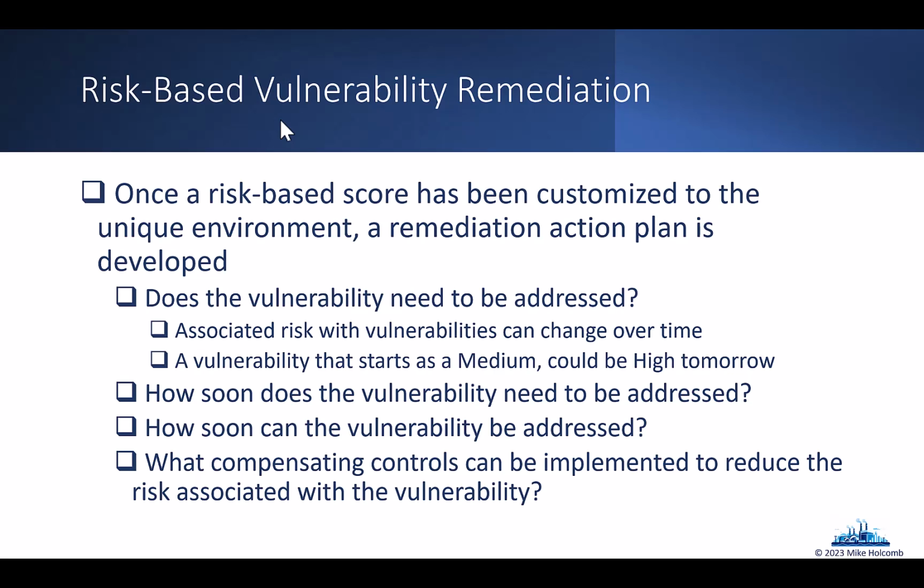So we start with that risk rating that we get from either the scanner or the vendor, and then we use that as a starting point for our discussion about what type of action we need to take. Do we even need to address the vulnerability at all?